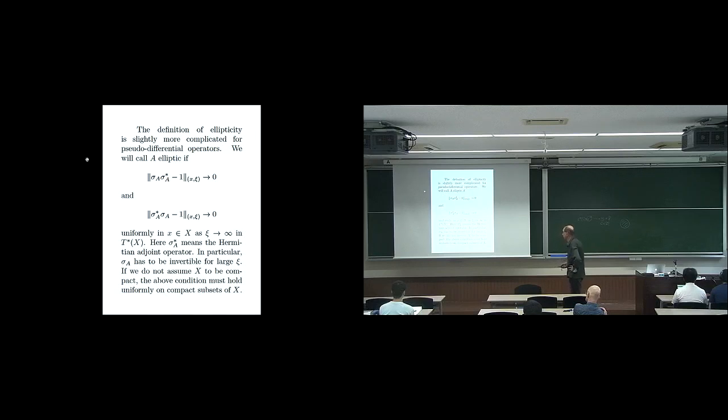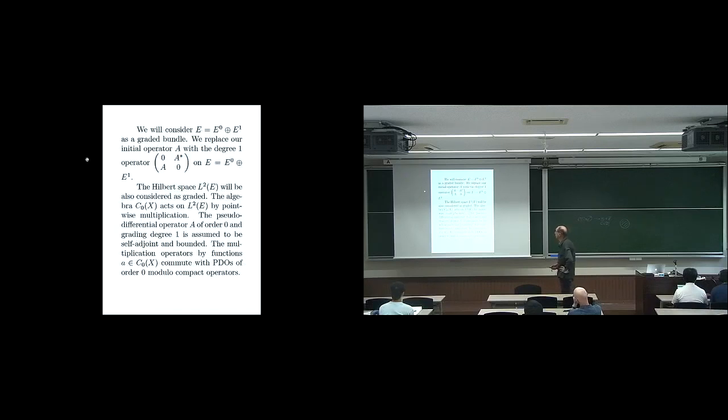But this is not a big problem in general. So if we don't assume X to be compact, then we require this condition to hold uniformly on compact subsets of X.